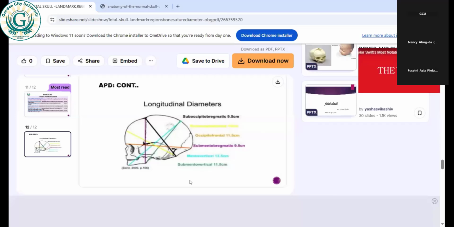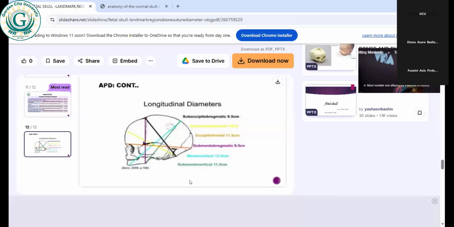Then we go to the bitemporal diameter, the diameter between the two farthest points of the coronal suture at the temples. So more like the top of your ear to the other side. In the baby, the fetal skull, it measures 8.2.